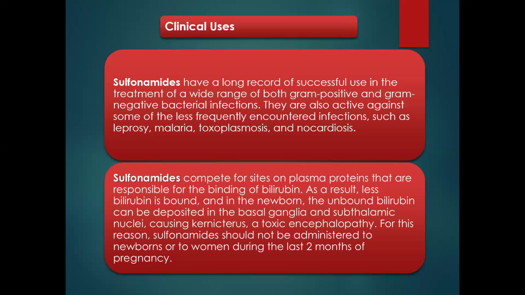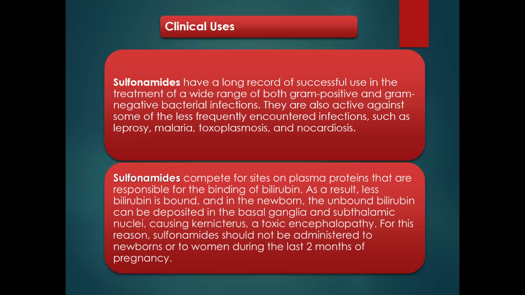So these sulfonamide-based drugs will bind on those sites where bilirubin should ordinarily bind so that it can be cleared from circulation. When the septrin binds on all of this, there will be little protein left for bilirubin to bind and be cleared from the circulation of a baby.